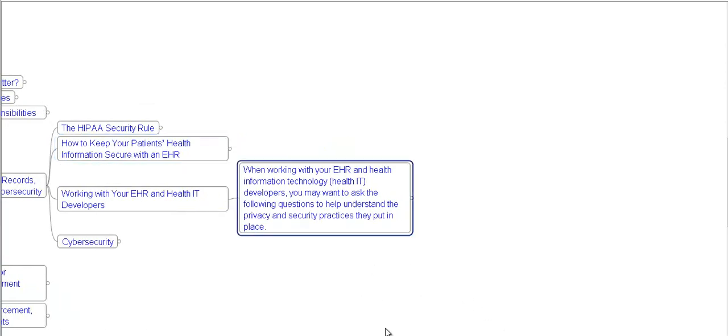When working with EHR and health information technology developers, you may want to ask the following questions to help understand the privacy and security practices they put in place.